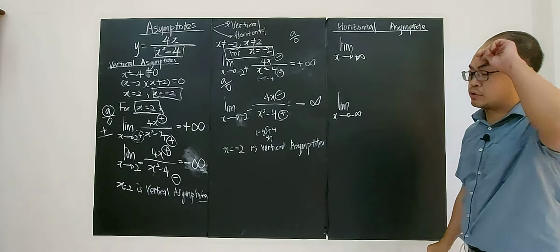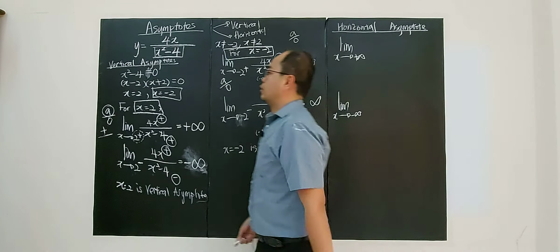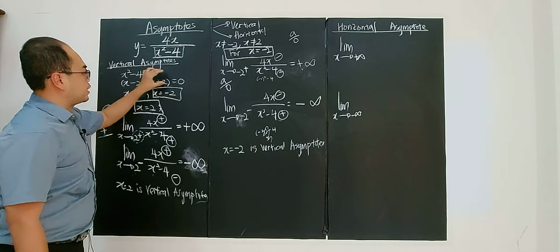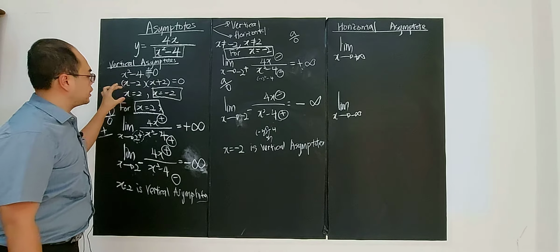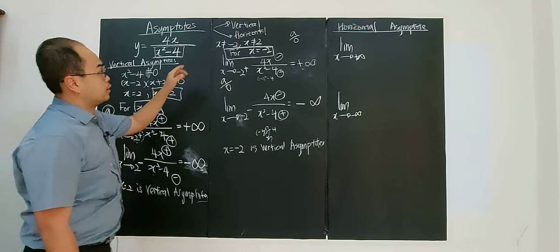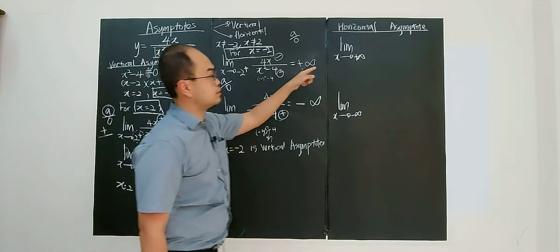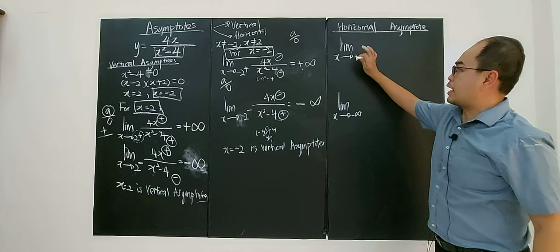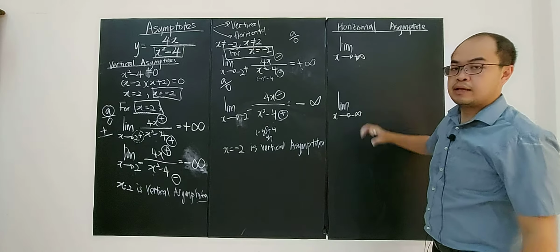This is the standard procedure. For vertical asymptotes, we look at the denominator, equate it to 0, get the two values, and for each value we check the right and left. But for horizontal asymptotes, we go for the limit at positive infinity and negative infinity.